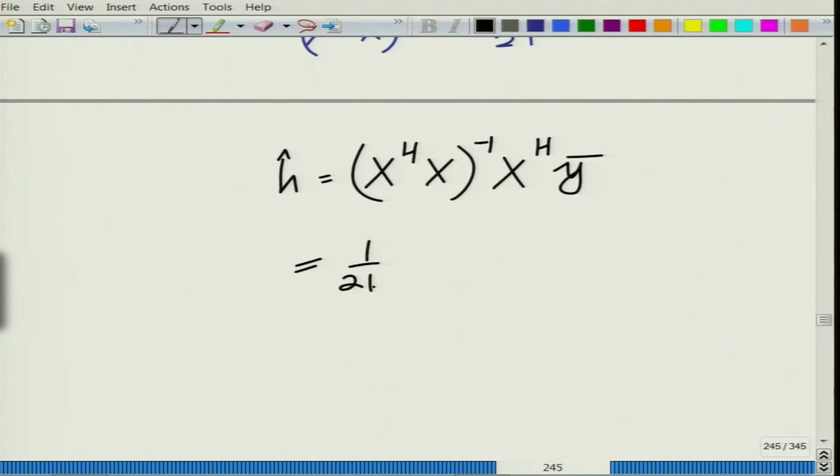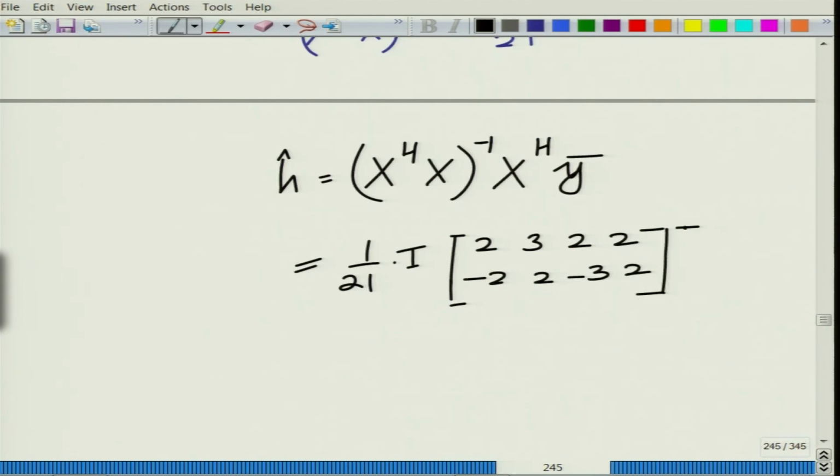So, this is 1 by 21 times identity into X Hermitian, or in this case X transpose, which is [2, 3, 2; 2, -2, 2, -3, 2] times Y bar, which is [-1, 2, -3, 2].